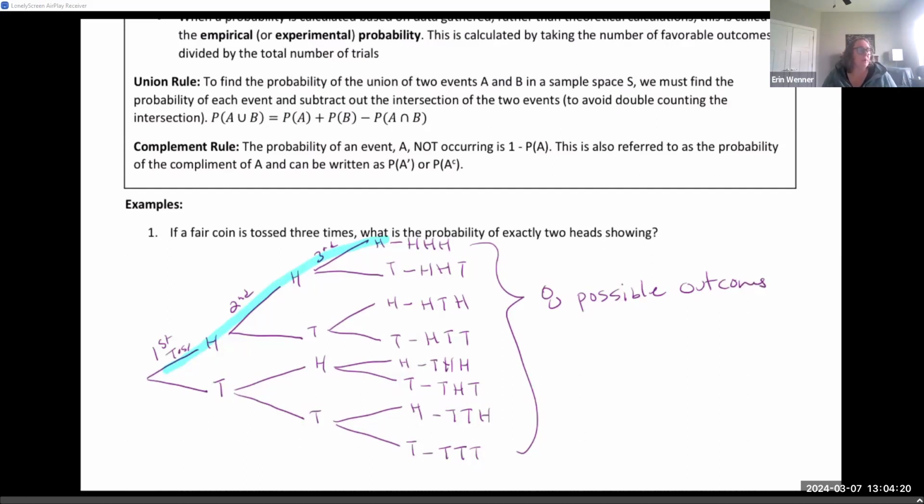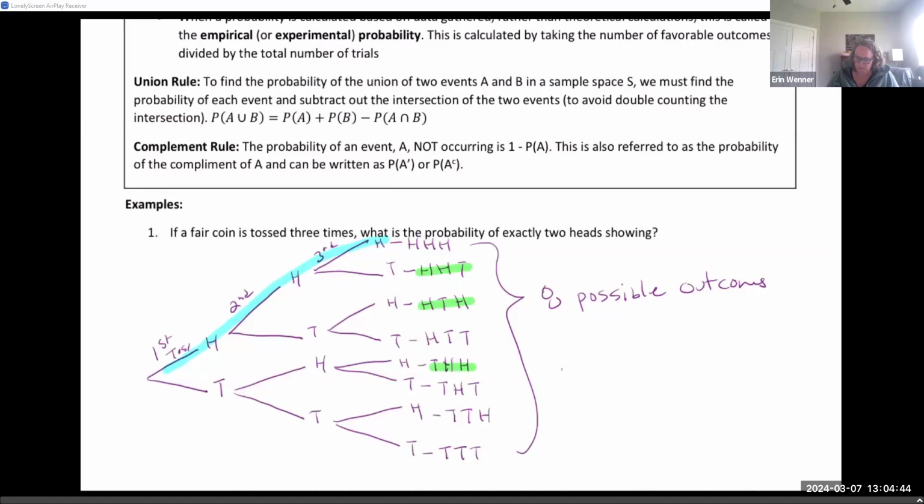So if it's saying, what is the probability of getting exactly 2 heads showing, meaning you flip your coin, what's the probability that we have 2 heads and only 2 heads? Well, if we look at our outcomes, we can get 2 heads, then a tail. We can get a head, tail, and then a head, or we get a tail and 2 heads. Those are the 3 ways where we can get exactly 2 heads.